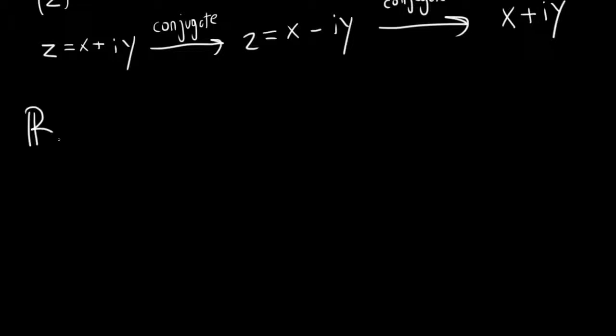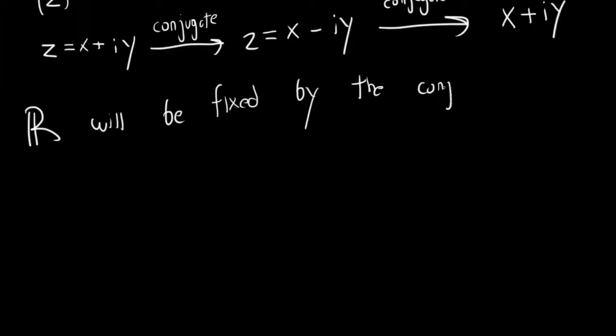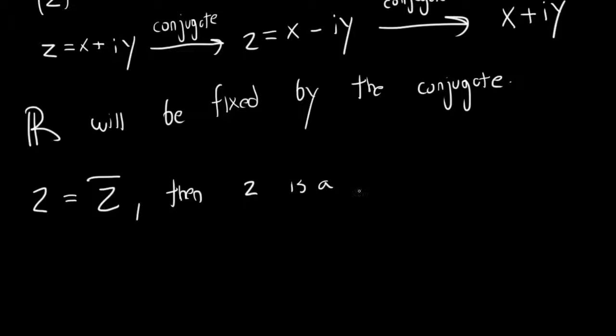We're going to say that r, so real numbers, will be fixed by the conjugate. And this is to say that if z is equal to z with this bar on top of it, then we are going to say then z is a real number. So that means z is part of the realm of real numbers.